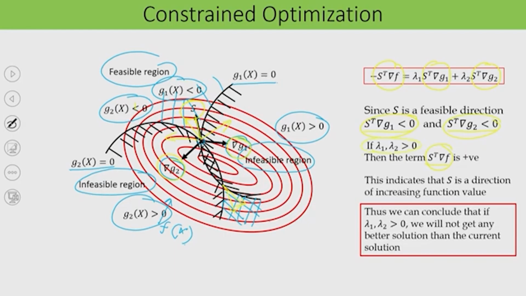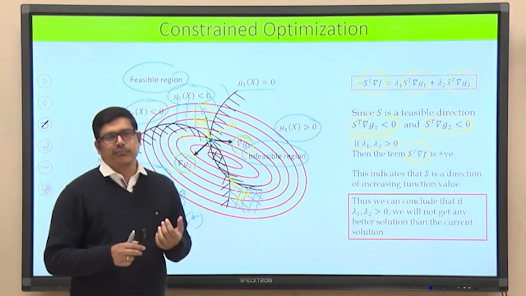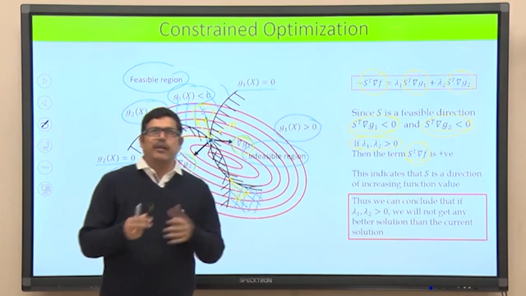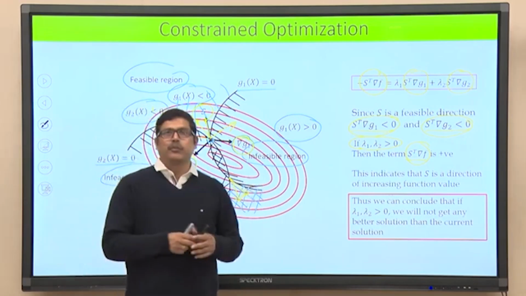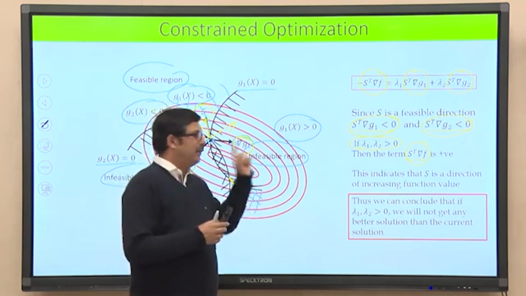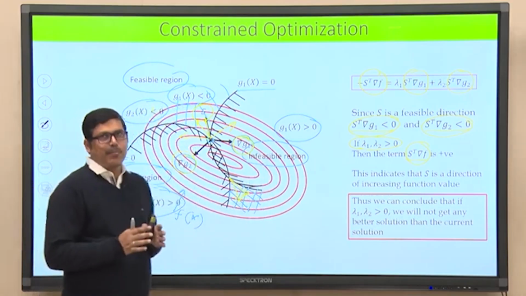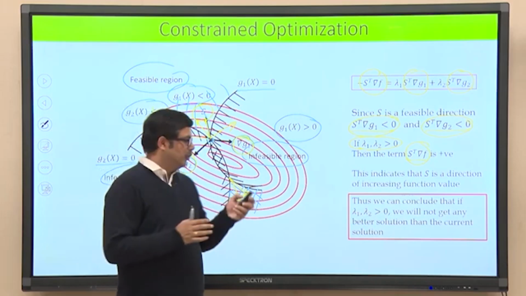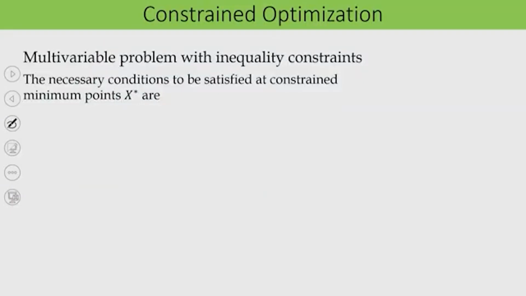In this case we have only two constraints, so we have only lambda 1 and lambda 2, but suppose you have m active constraints, then you get lambda 1, lambda 2 up to lambda m, and all of them should be positive at the optimal solution. So, therefore, I can write the necessary condition like this.